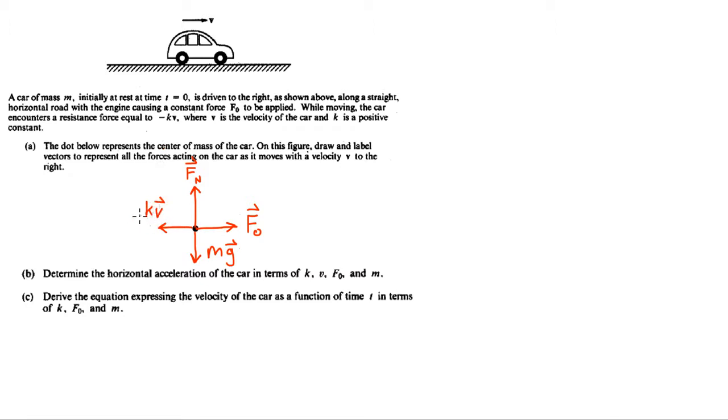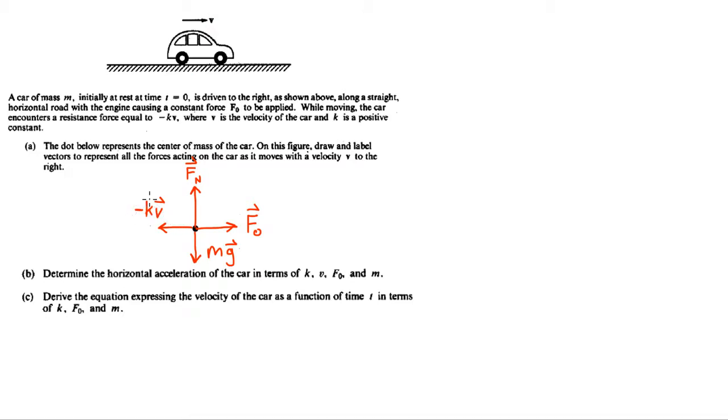I don't know what they would really want in the AP test. I think they would probably be fine with this. Well, no, negative K. No, I'm sorry, it does have to be negative because K is a positive constant, which means that in order to have that force be going in the opposite direction of the velocity V, you do have to have a negative K times V for that to work.